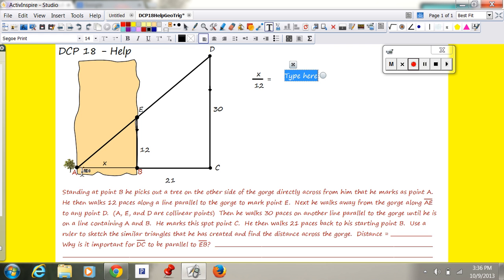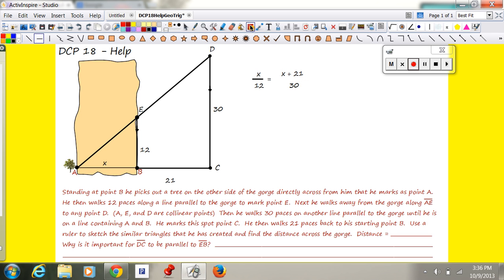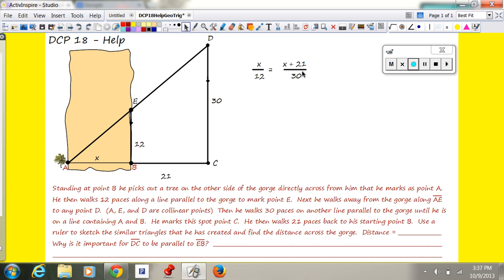Now the back side is x plus 21. That's this whole thing right there. And then my bottom side of the triangle is just 30. So that will get you the distance. If you solve that correctly, that will allow you to find x.